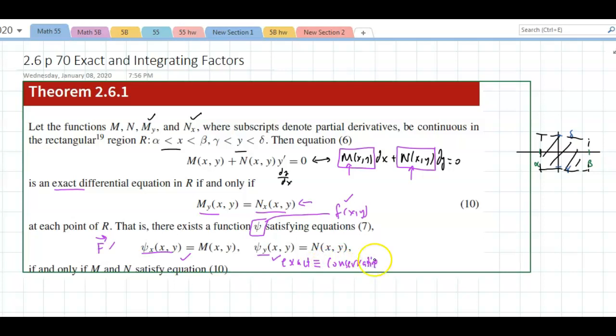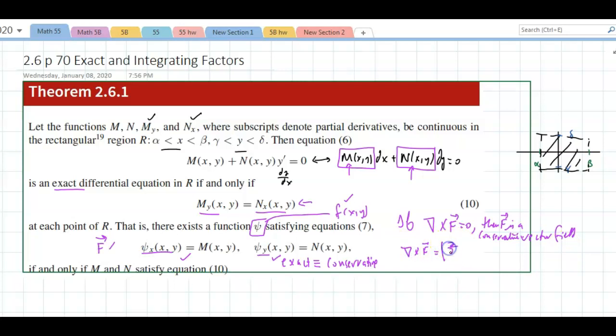And we're going to really check the same way we did back in the days. If the curl, del crossed with F, equals 0, then F is a conservative vector field. And if it's a conservative vector field, then what? We could find such a function. And what's del crossed with F?